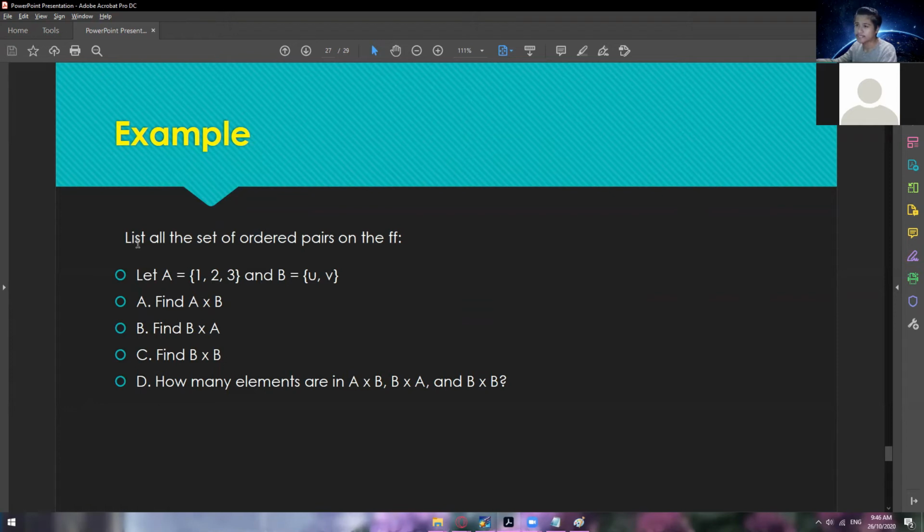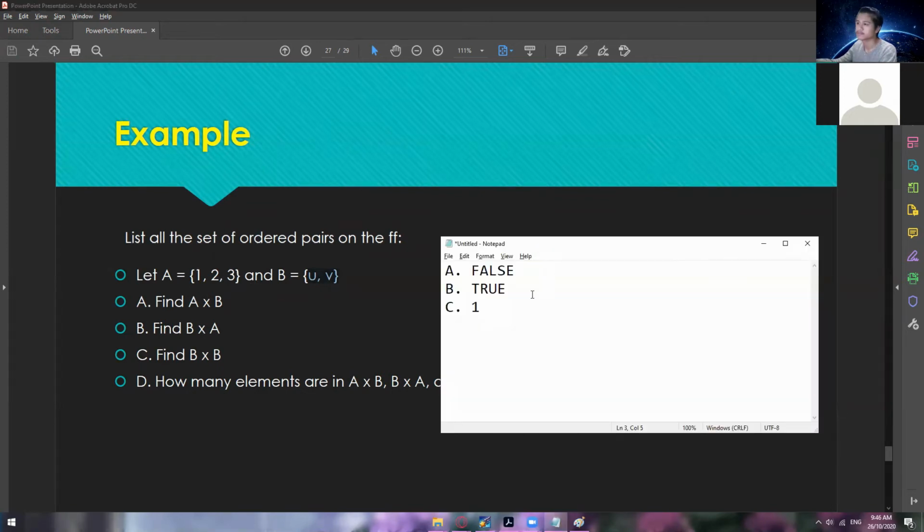So, it says here, list all the set of ordered pairs on the following. We have here set A that contains the elements 1, 2, 3. And then set B contains the elements U, V. So, we have here the first question, find A times B. So what are the ordered pairs of letter A?